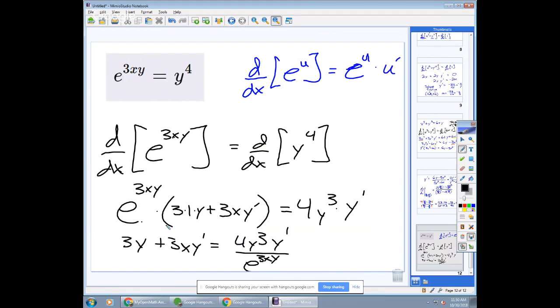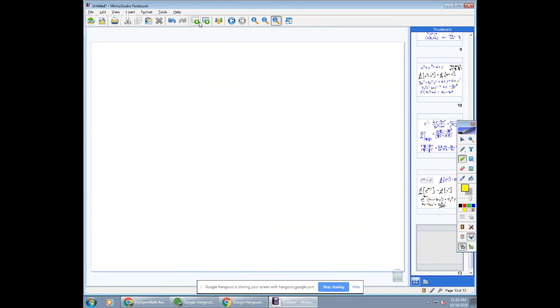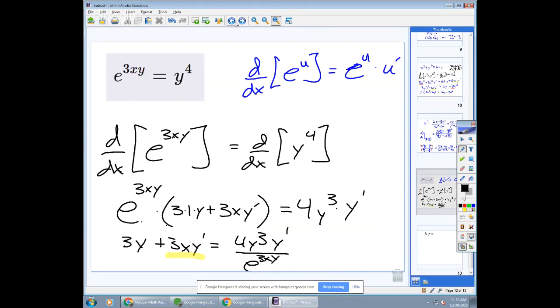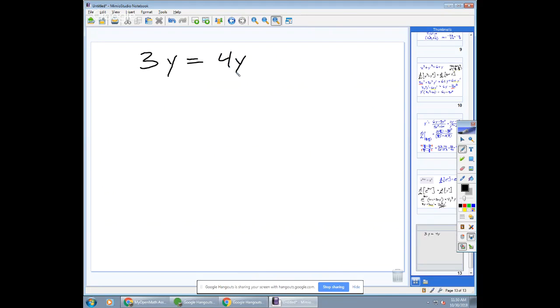So what I would do next is take this term and subtract it over to the left. Then I have all the y primes on the same side. So then I have 3y equals that crazy thing, 4y cubed y prime over e to the 3xy, minus, what am I subtracting here? 3x y prime.